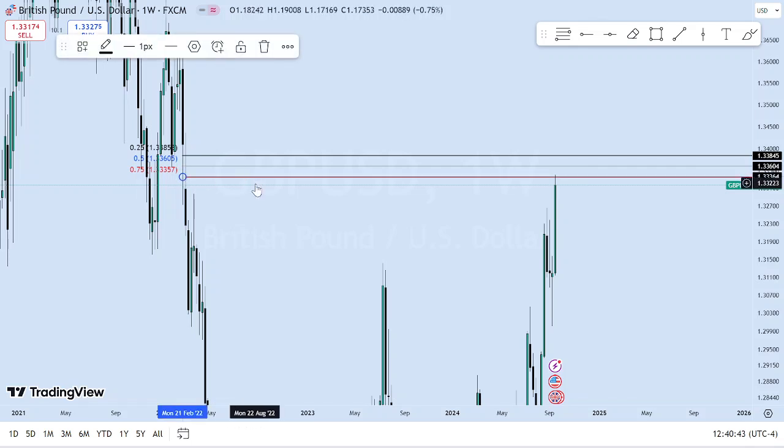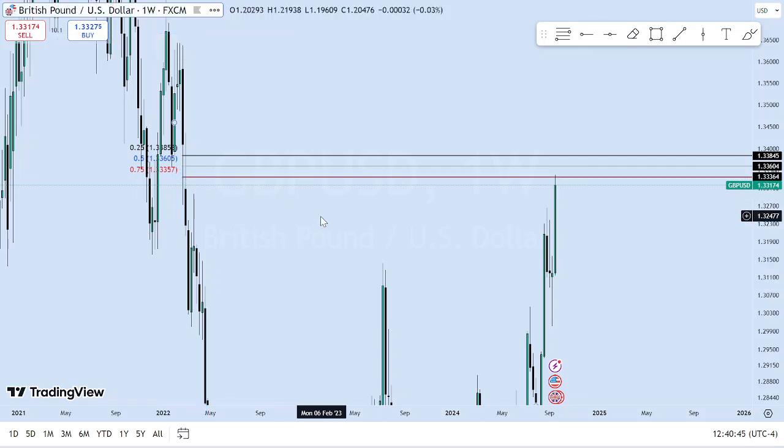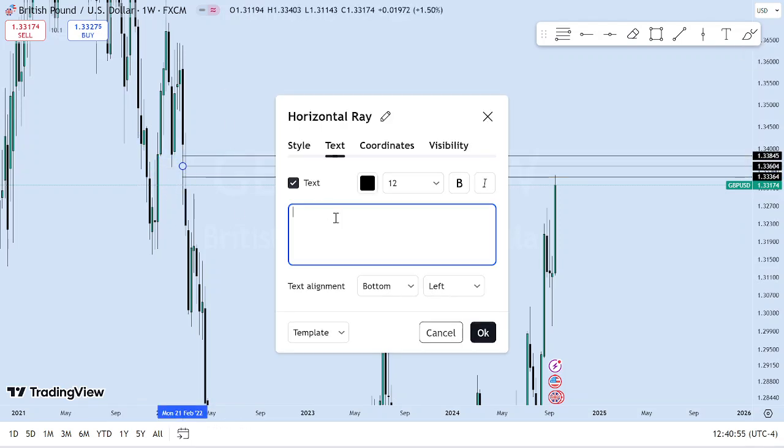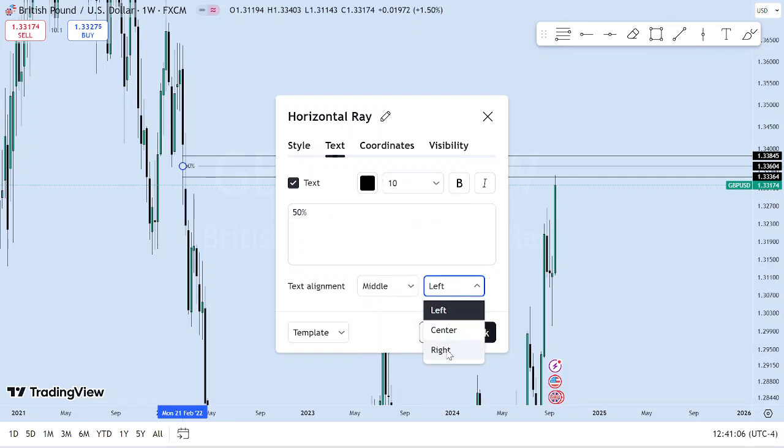They all stand as a major resistance or support level. All those levels, yeah, they're important too. So here is our 50%, 50% level. Put it at the right side.